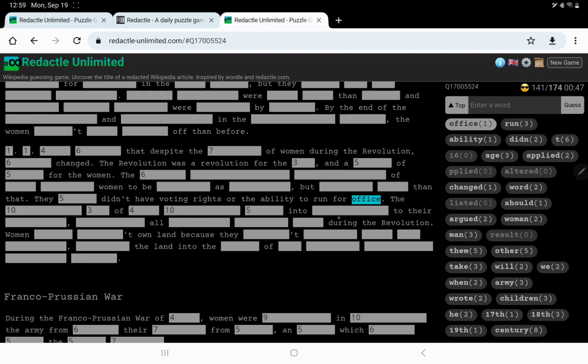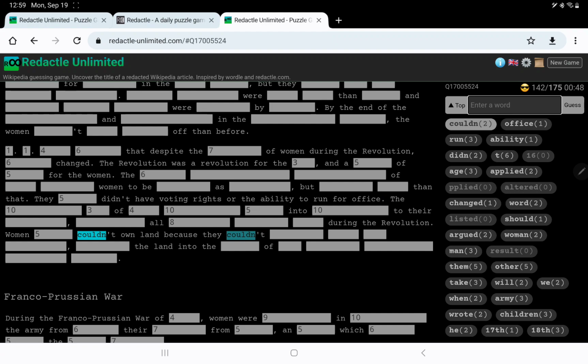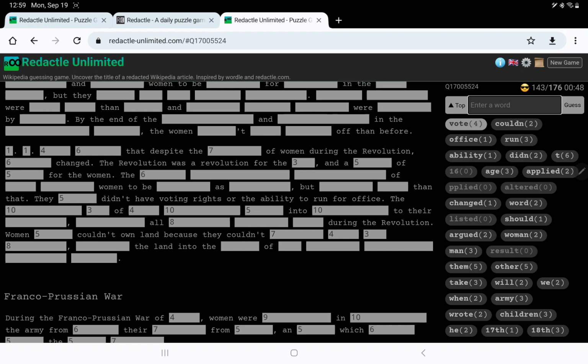The 10, 3 of 4, and women something, couldn't own land because they couldn't 7 for 3. They couldn't vote, maybe.